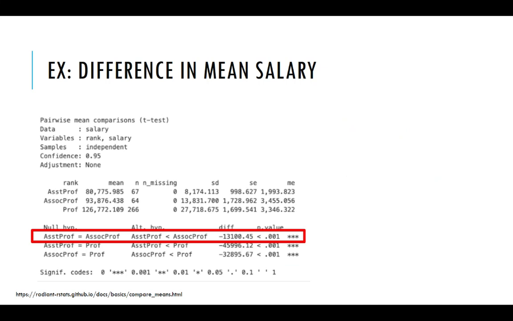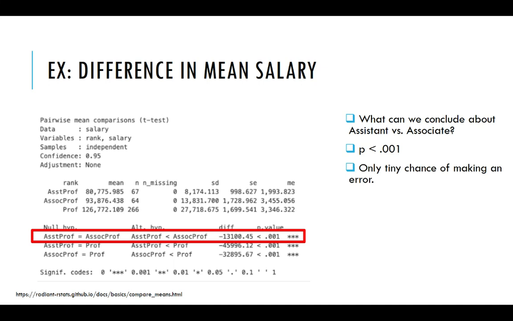Let's look at our first hypothesis test. What can we conclude about assistant versus associate? Well, we have a p less than 0.001. What can we conclude here? Think about what that means.